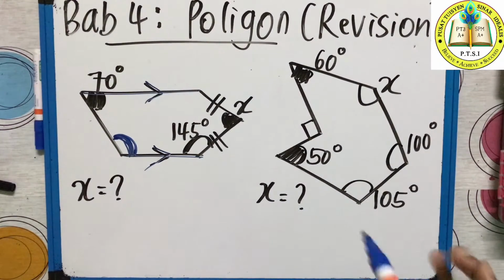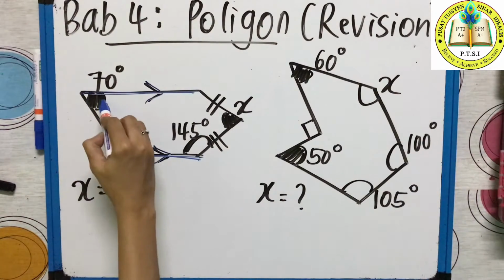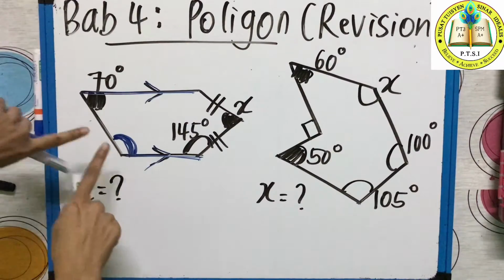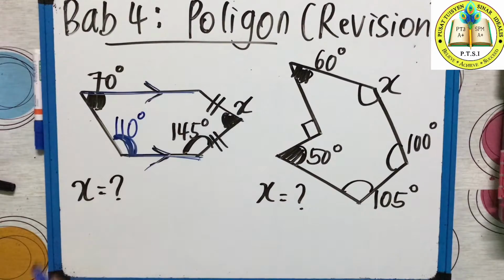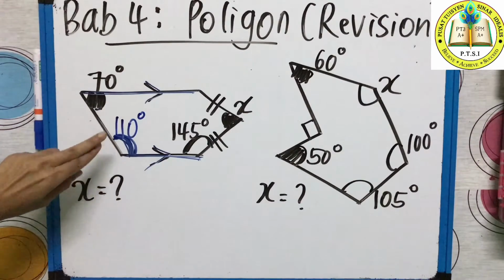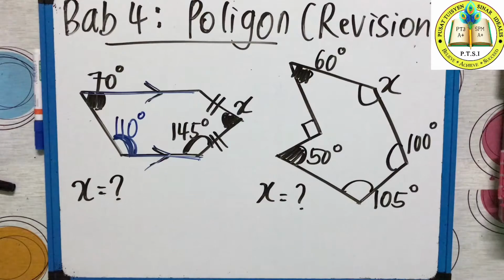Do you understand? So when there is parallel line, the side by side, when you plus it, must be 180. So if this is 70, this one will be 110 degrees, 110 darjah. Sebab sebelah-sebelah kamu tambah mesti dapat 180 darjah. Okay.